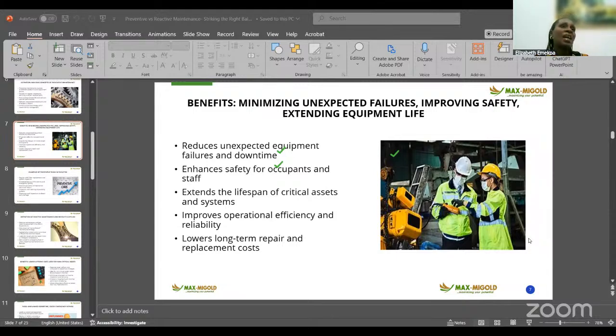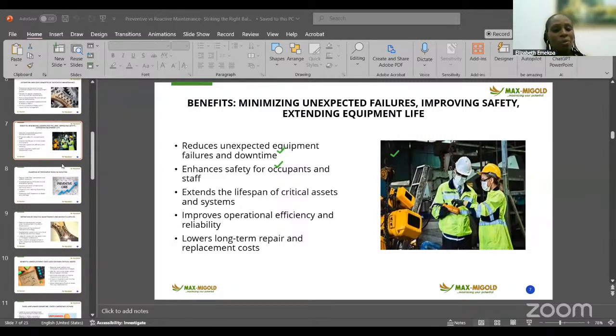If something happens out of the blues, they can understand that, okay, yes, this is not what usually is supposed to happen, and this person does them very well, because you take your preventive maintenance plan very seriously.